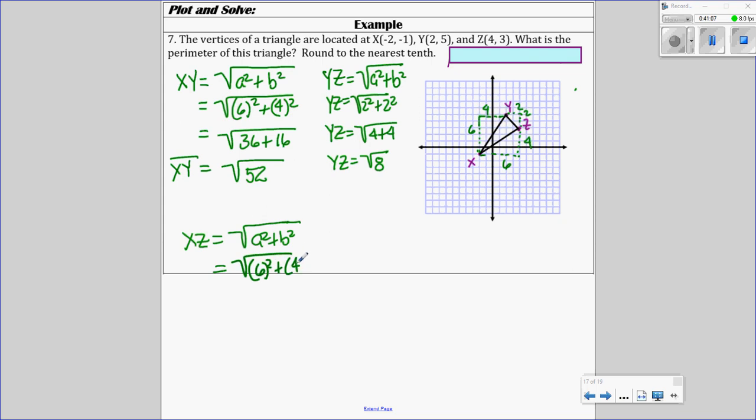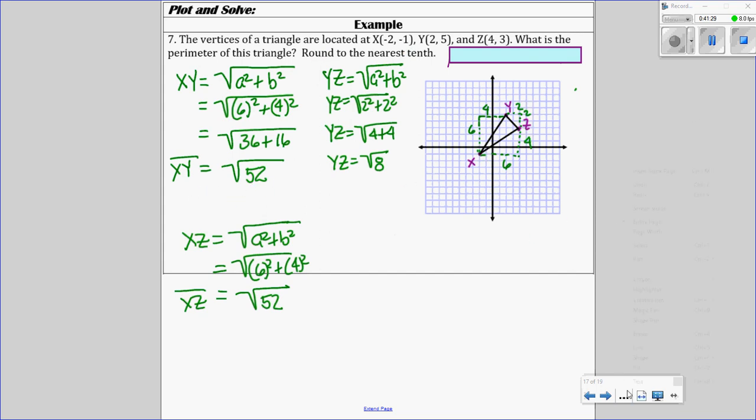And that looks similar to what we did for the first one. So I'm not going to do all that work because that's the same as that. And then they want us to find the perimeter. And then, of course, notice that they say round to the nearest tenth.